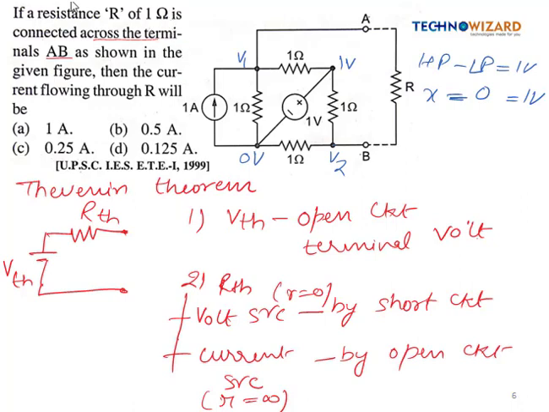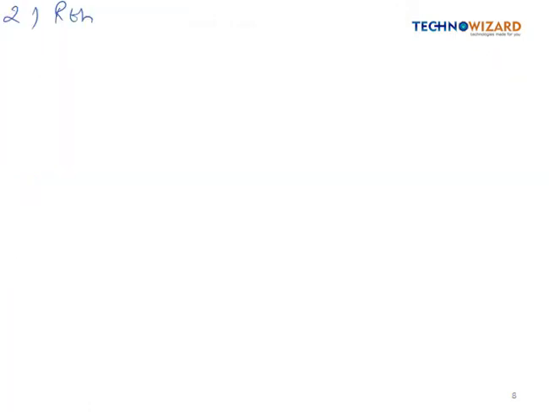So this current source will be open circuited and the voltage source will be short circuited and the load will be open. Now our circuit will be reduced to this after opening the current source. So this will be 1, right?